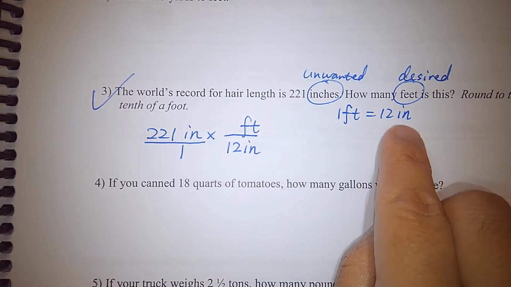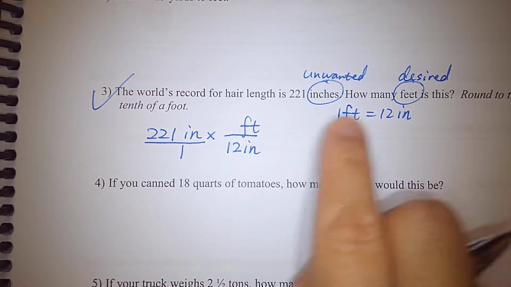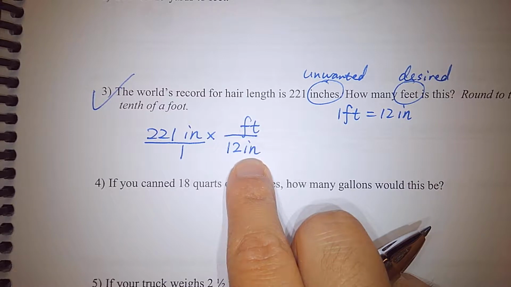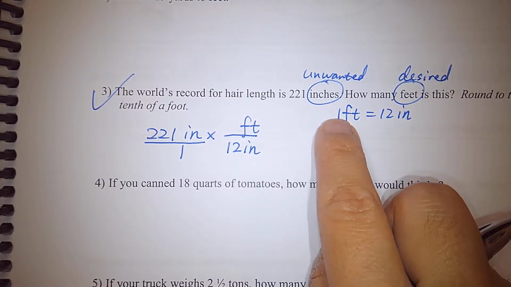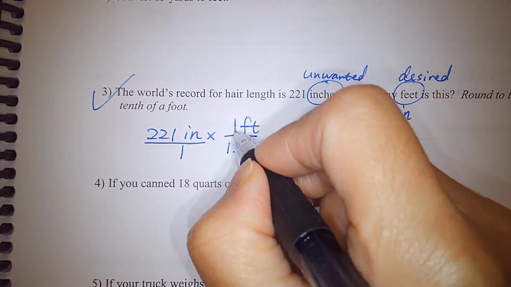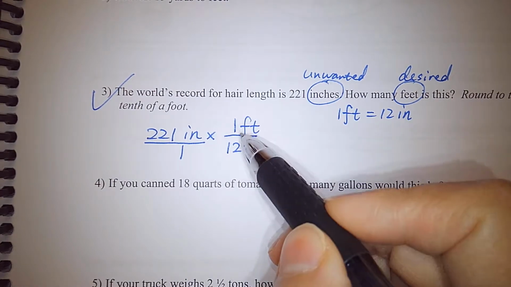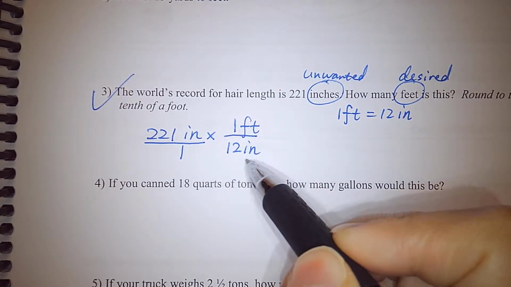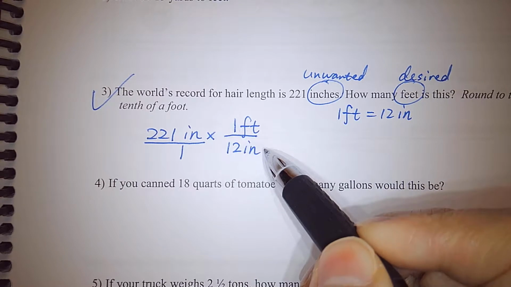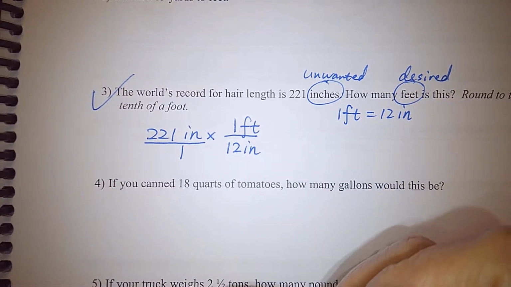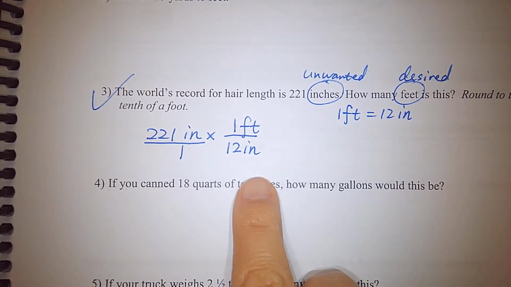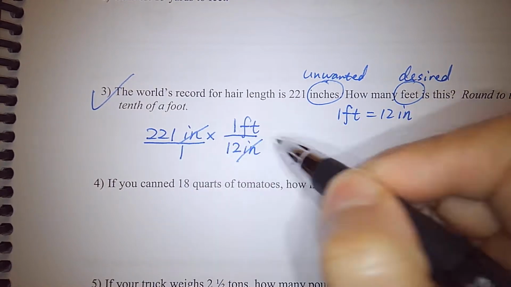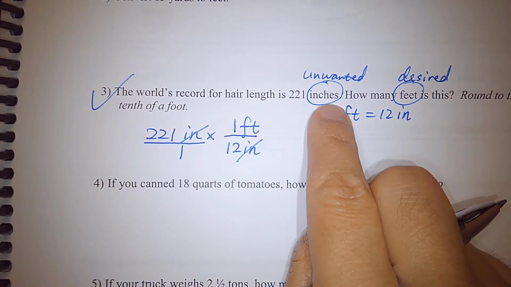If 12 stays with inch from the given relation, 12 has to stay with inch. And then 1 stays with foot. So now we see 1 foot equals 12 inches. What is the value of this fraction? It's still 1. Now we cancel out the unwanted unit, which is inch.